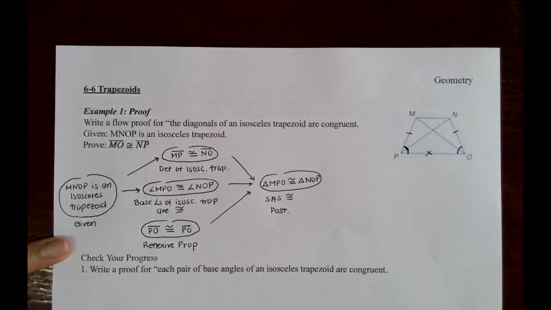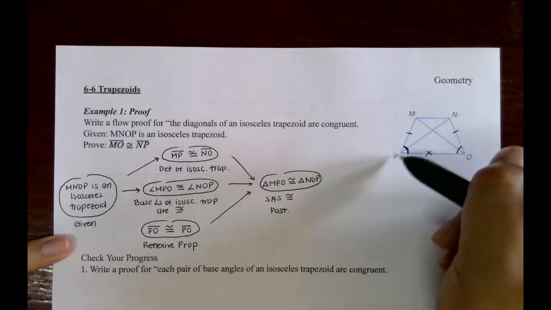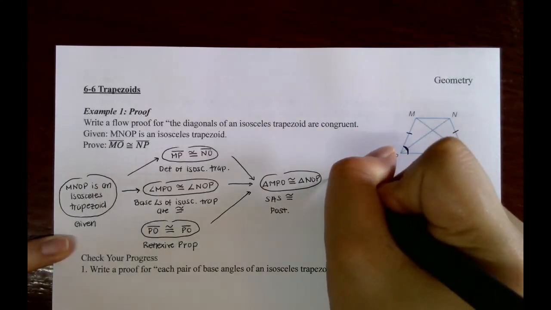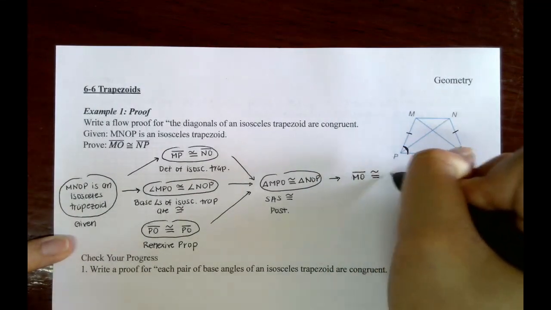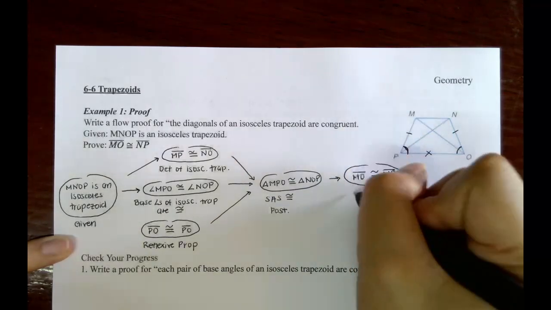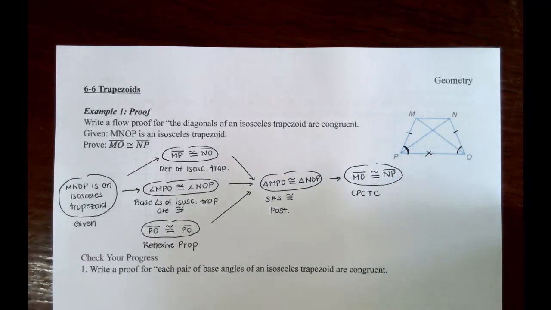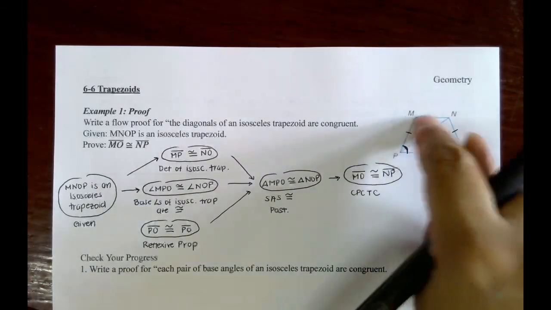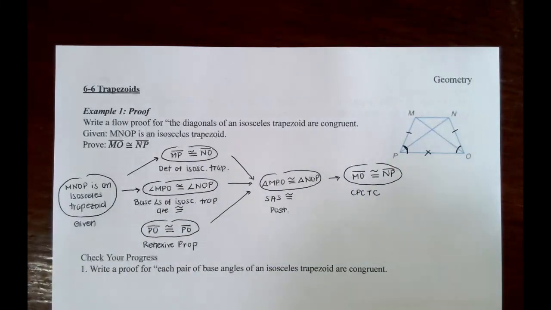And then if these triangles are congruent, that means this has to be congruent to this. So from here, MO has to be congruent to NP, and that is due to CPCTC: corresponding parts of congruent triangles have to be congruent. So if these two triangles are congruent, this part has to be congruent to this part. And there you go.